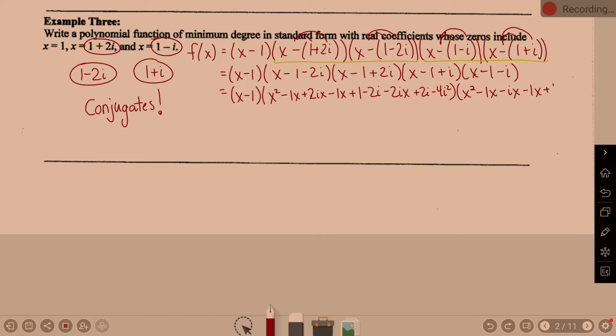Minus 1 times minus 1 is plus 1. Minus 1 times minus i is plus 1i. Then it's the i times everything. i times x, so plus ix. i times minus 1, minus 1i. i times minus i, minus i squared.